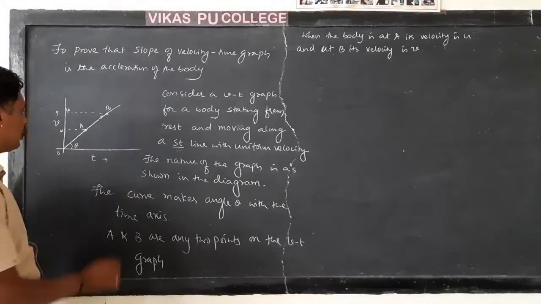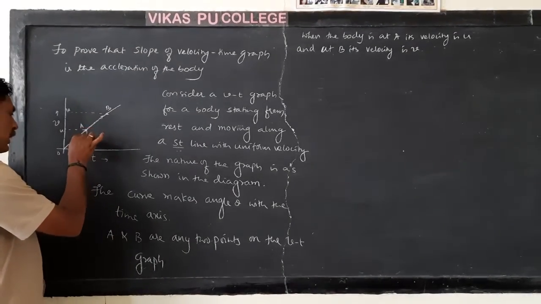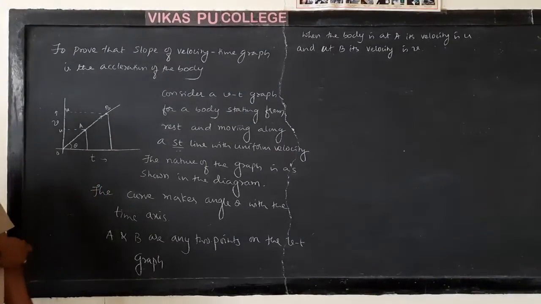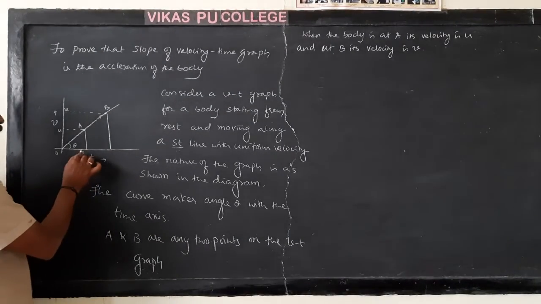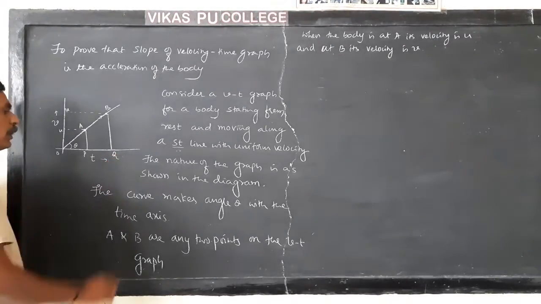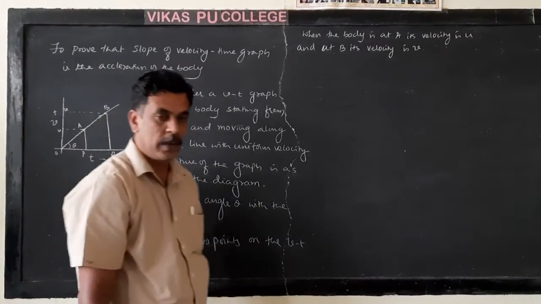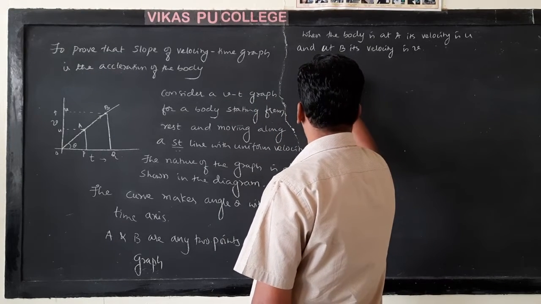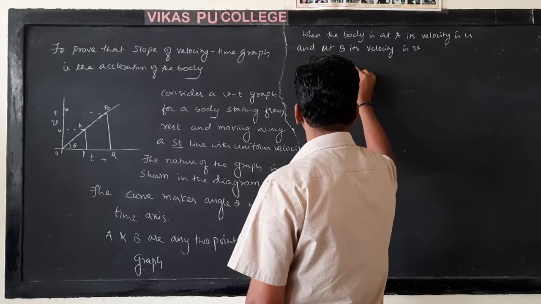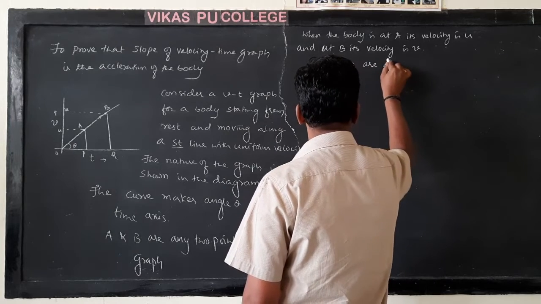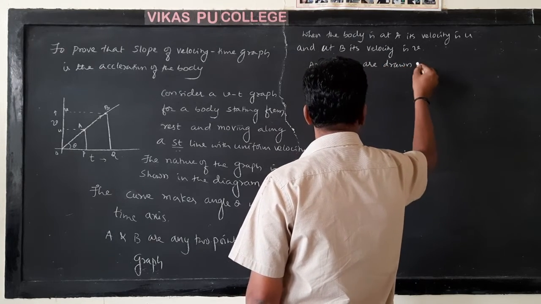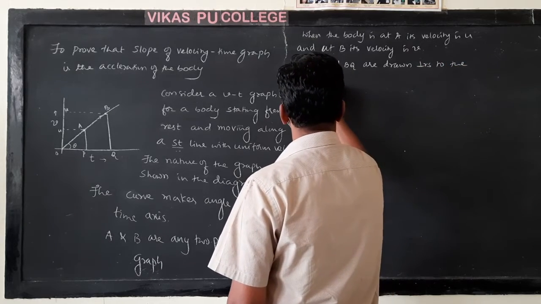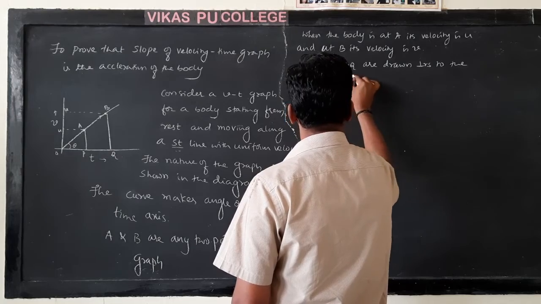Now let me draw two perpendicular lines to the horizontal axis from point A and point B. Call these two perpendiculars as P and Q respectively. So I write here AP and BQ are drawn perpendiculars to the time axis. Okay.